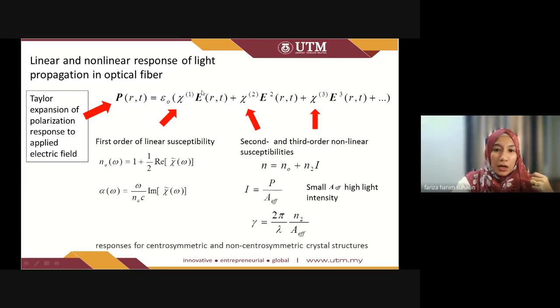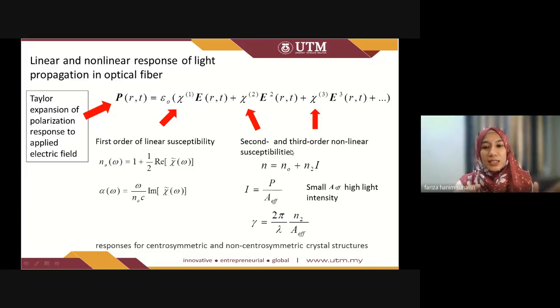When you have low power, you largely have linear propagation, and once you have high power lasers or photons propagating from pulsed lasers, you can have a different nonlinear response in the core of optical fibers, which is very interesting because nonlinear interaction opens up lots of opportunity, especially in the field of photonics.